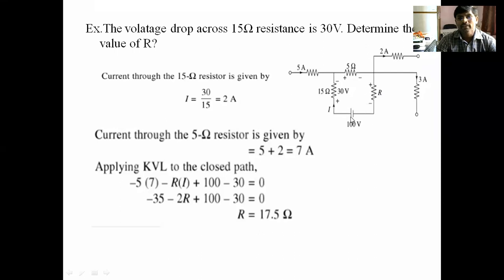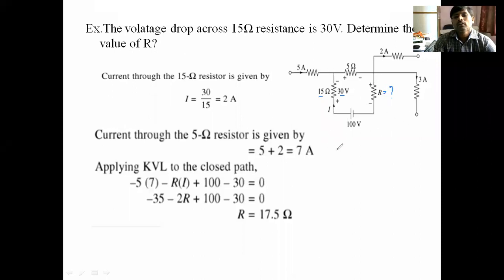He asked us to find the value of R when the voltage drop across 15 ohm is 30 volts. So here you have to use KVL and KCL to find the value of R.